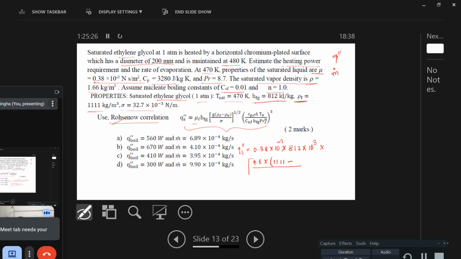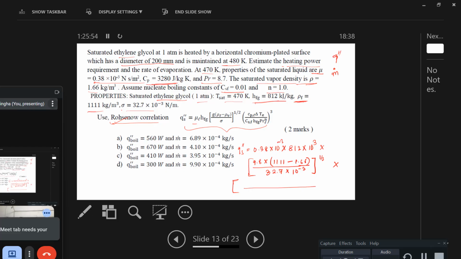Rho V is also given. The saturated vapor density is 1.6666, divided by the surface tension 32.7 into 10 to the power minus 3, whole to the power half, into CPL.